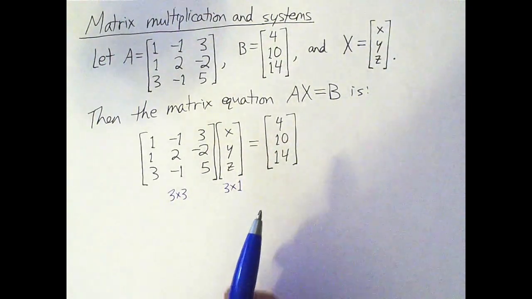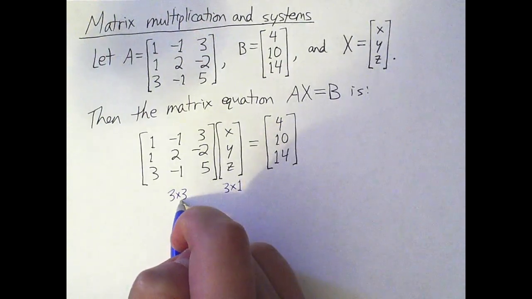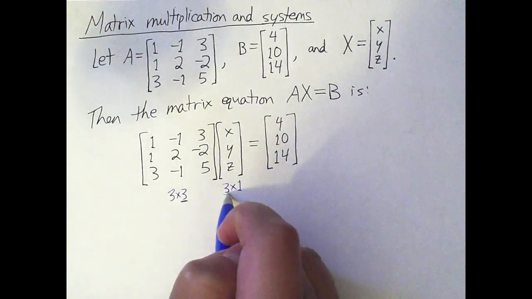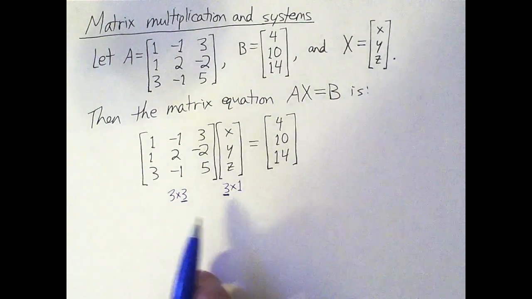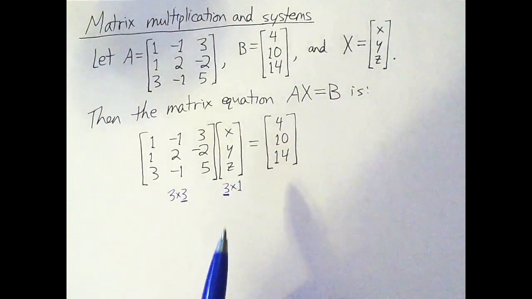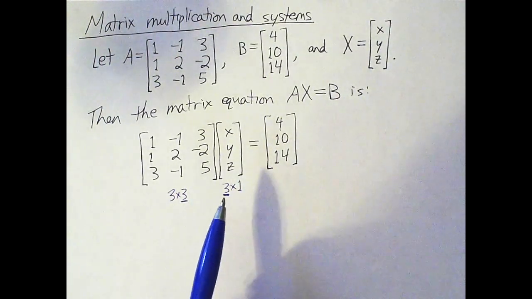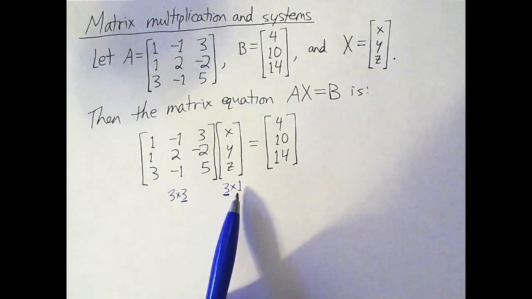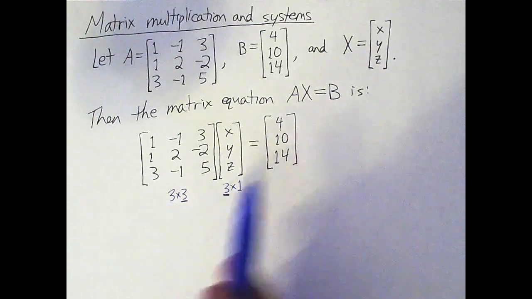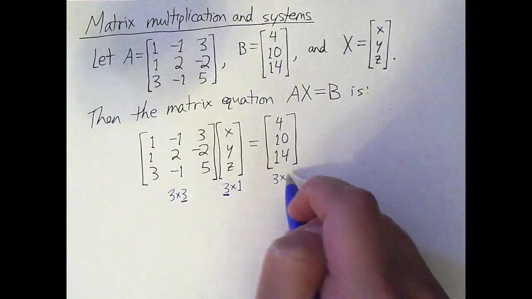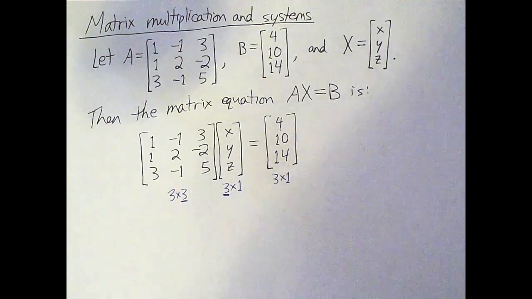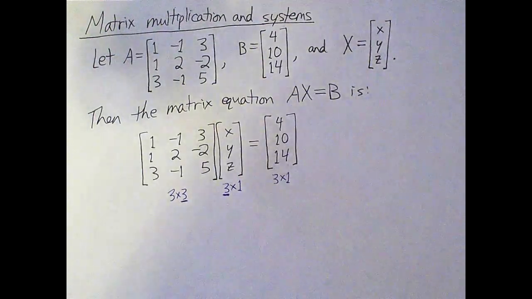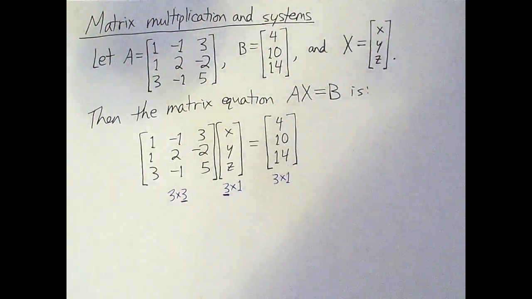So yes, it is okay to do this because, look, this 3 is equal to this 3. Because they're the same, this product is defined, it does exist. And furthermore, I would expect that the result of multiplying them would now be 3 by 1. So this is a 3 by 1 matrix. So yeah, this is okay. All right, so all the sizes check out.